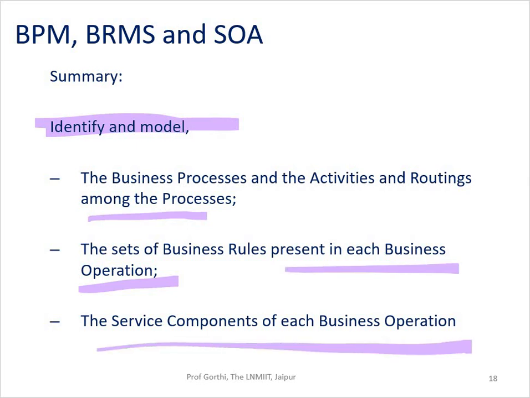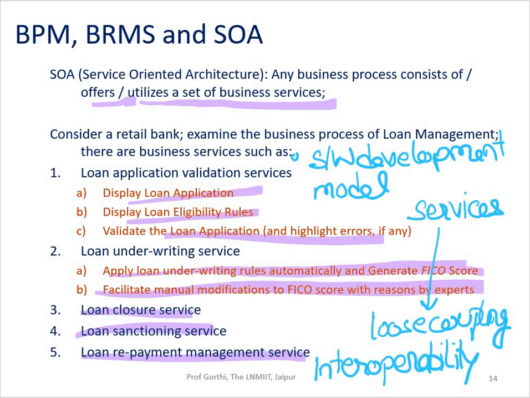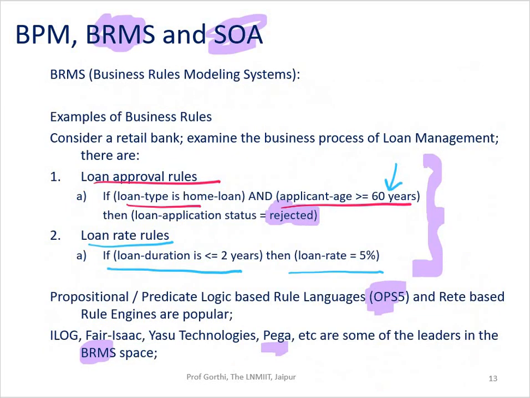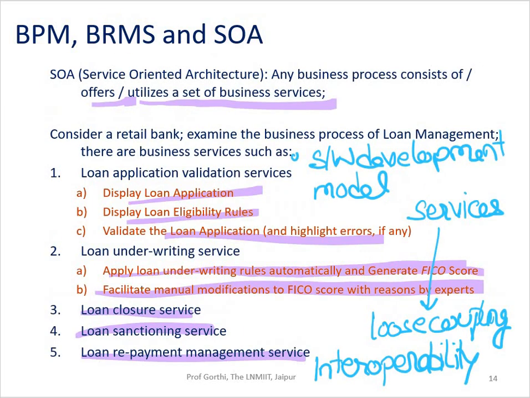The service components of each business operation are to be considered. So this is all about your business process modeling, your BRMS, which is business rule modeling system, and your service oriented architecture, which is your SOA.